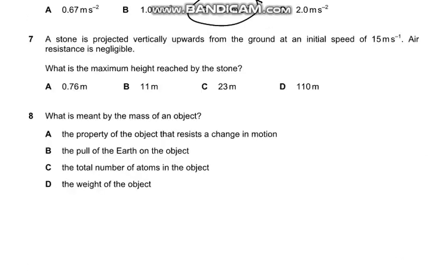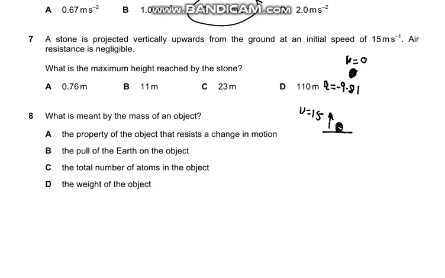Question number 7 says that a stone is projected vertically upwards from the ground at an initial speed of 15 meters per second. The air resistance is negligible. What is the maximum height reached by the stone? At maximum height, it must have a final velocity of 0. Initial velocity is 15. Acceleration would be negative 9.81.